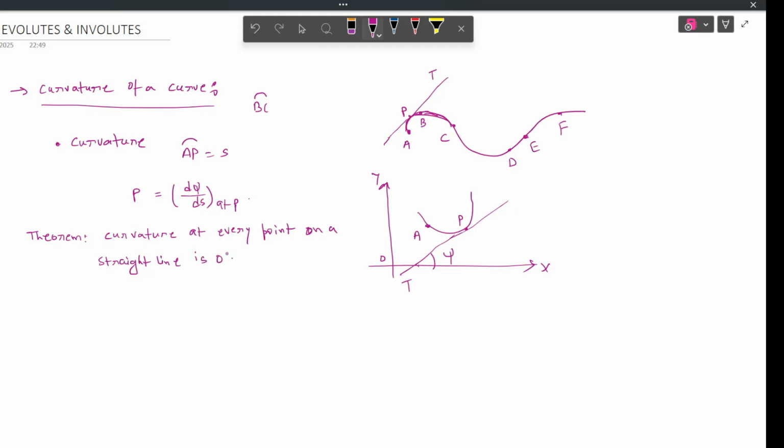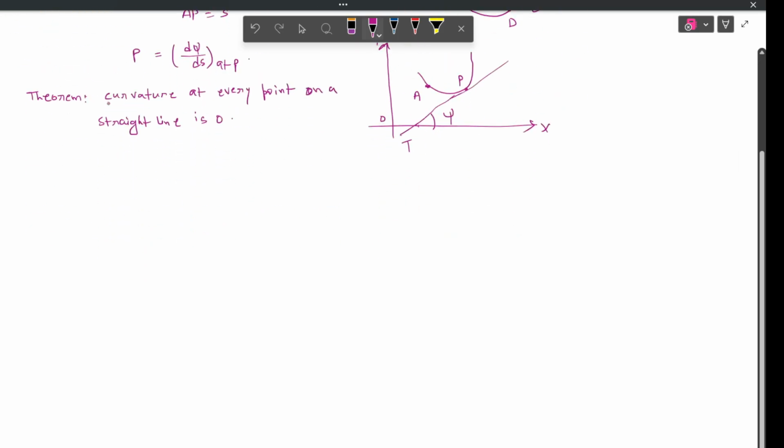Why? Because in that case psi would be constant, and the differentiation of a constant is 0. This is our theorem 1.